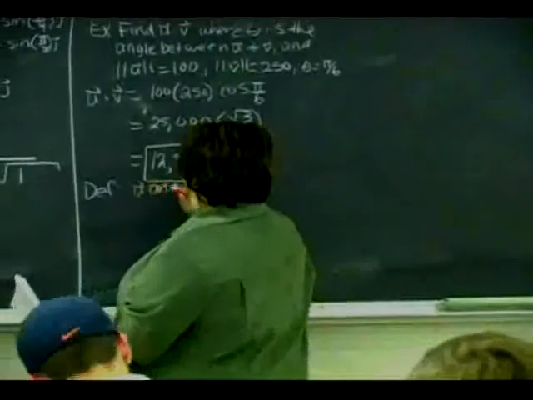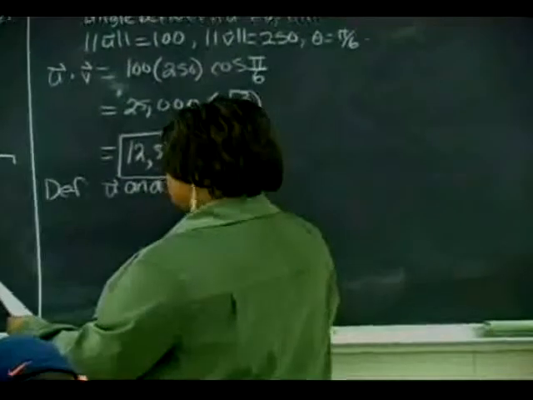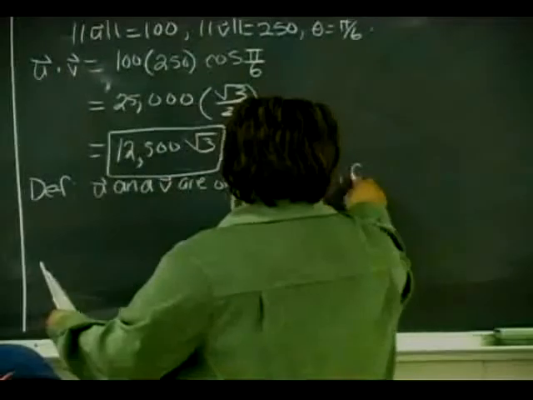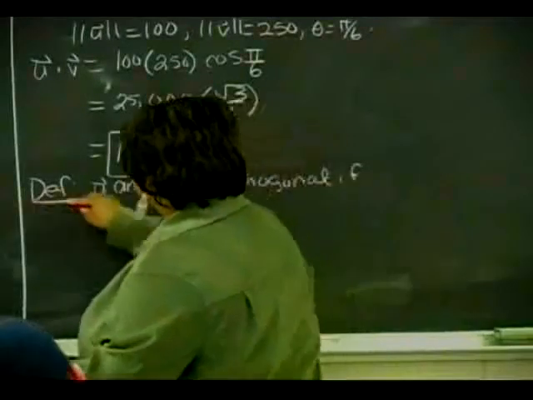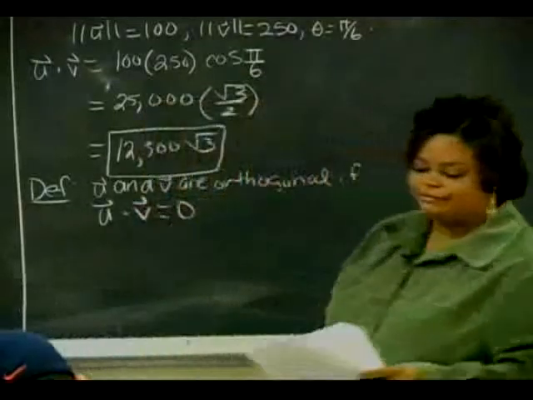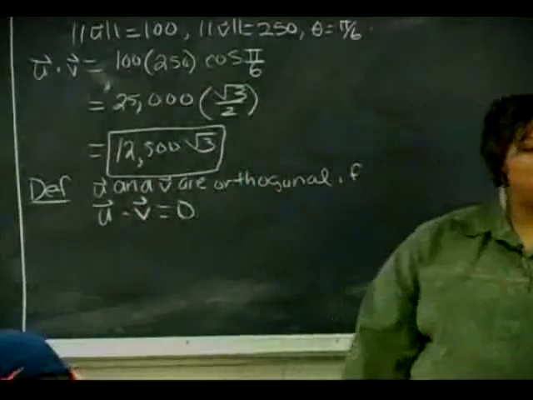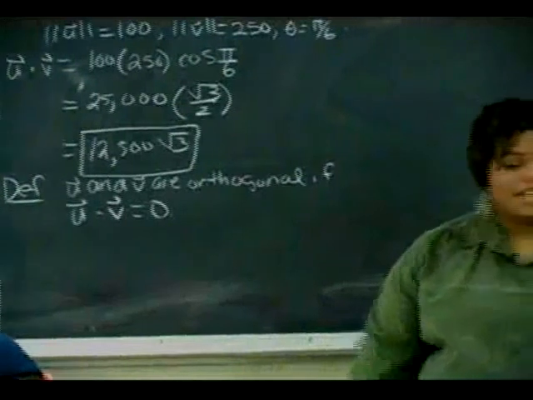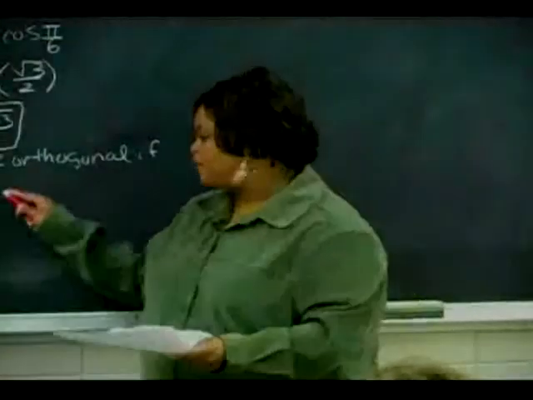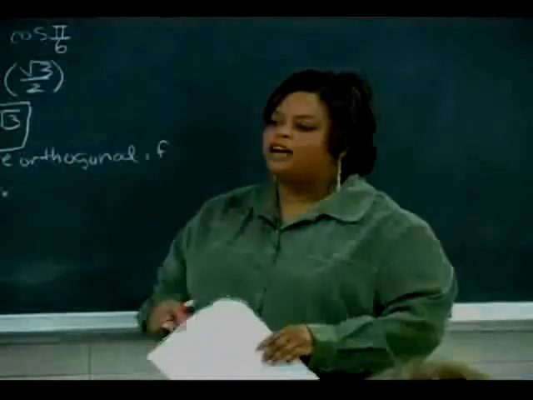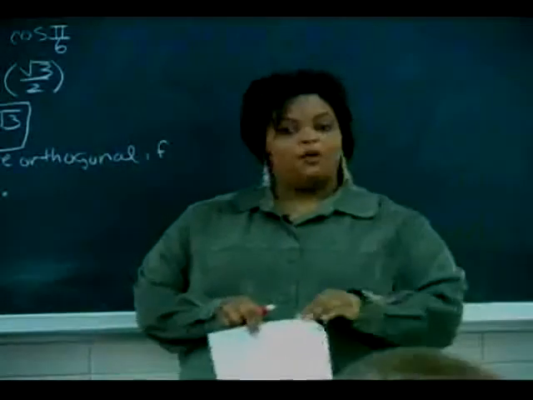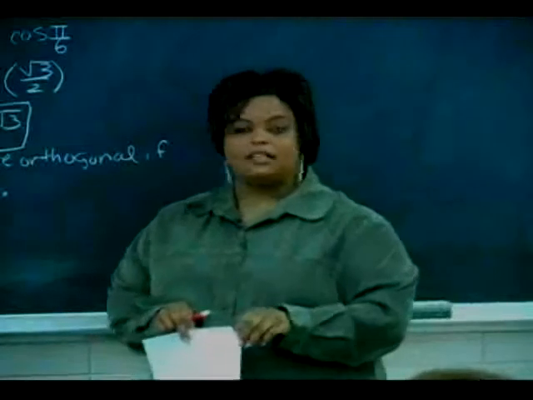U and V are orthogonal if U dot V equals 0. And what that means again is that these vectors form 90-degree angles, just like perpendicular, but they're orthogonal if their dot product is 0. When we talked about two lines being parallel in dealing with lines, one was a constant multiple of the other, right?